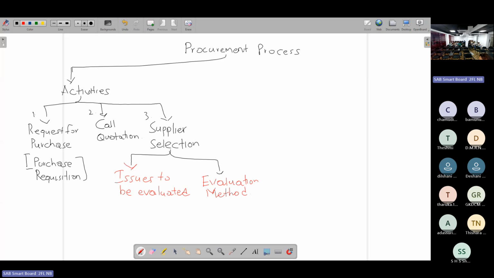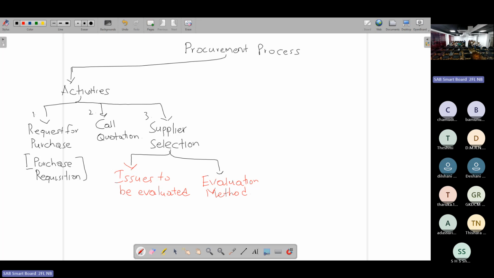Several topics we have discussed under procurement. I have written 3 topics here. First, request for purchase through purchase execution by the production department or stores to the purchase department. Second, calling for quotations. Based on the quotations, we have to select the proper supplier. Third, supplier selection.